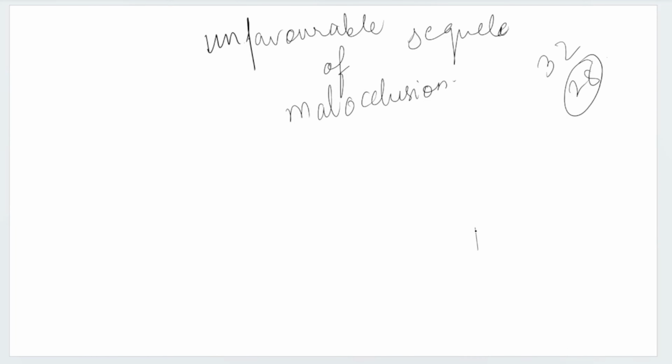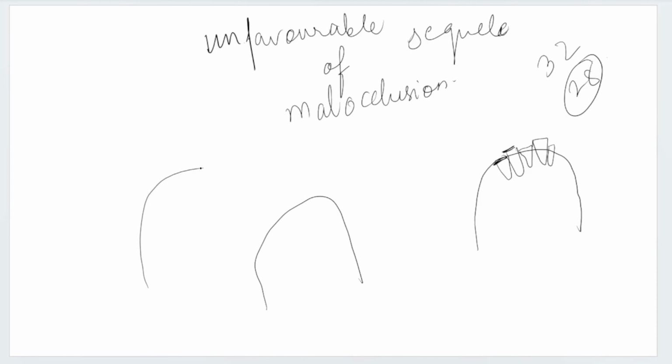What happens is, the teeth are not aligned properly. Okay, some teeth will be here, some teeth will be here. Please forgive me for my diagrams, I am very bad at it. You see, from the top portion, if I see, one will be here, one will be here, one will be here, one will be here.